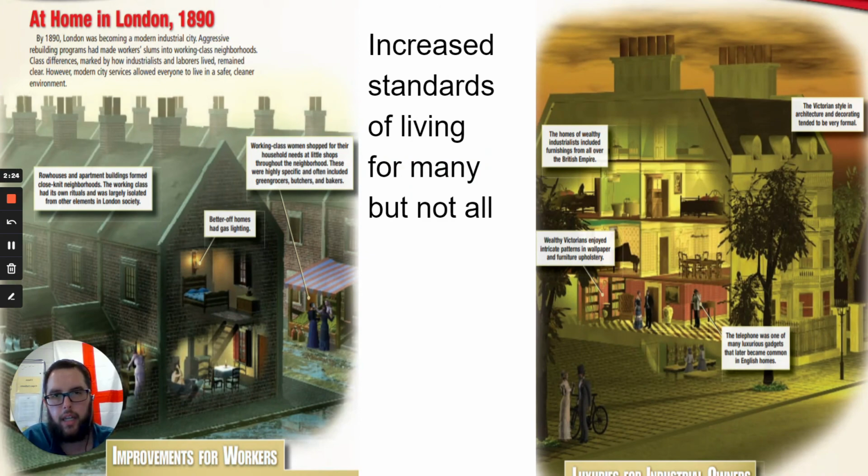Now the next thing is that for industrialized countries, the standards of living increased for some, but not all. Up until the Industrial Revolution, people lived in little cottages in rural areas, your little village.